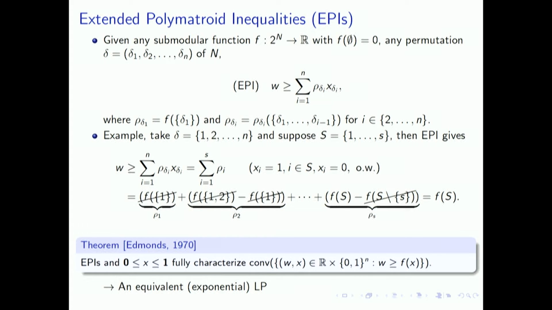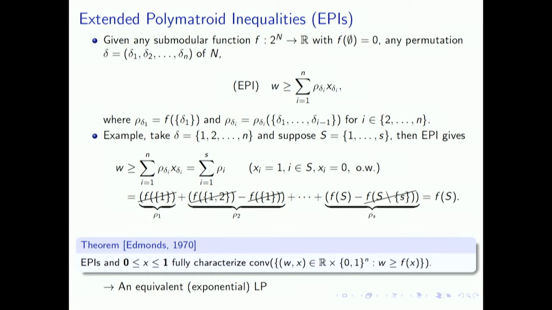Well, this is true for any function, but for this inequality to be valid, it needs to be valid for any other subset that I may select, other than S, for this particular choice of the inequality. And submodularity, the fact that I have diminishing returns, guarantees that this inequality is valid for any other subset also. It provides a valid lower bound. I will not go into the details of that, but it comes from the submodularity property that this is valid for any other subset as well. So this is a valid inequality.